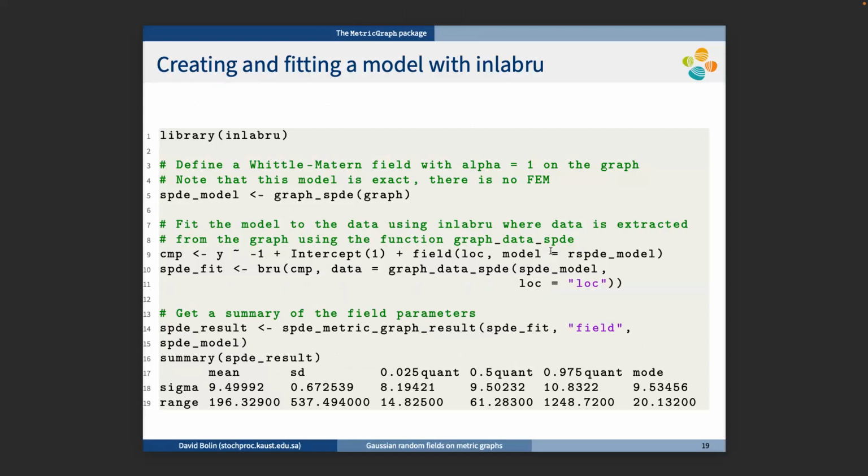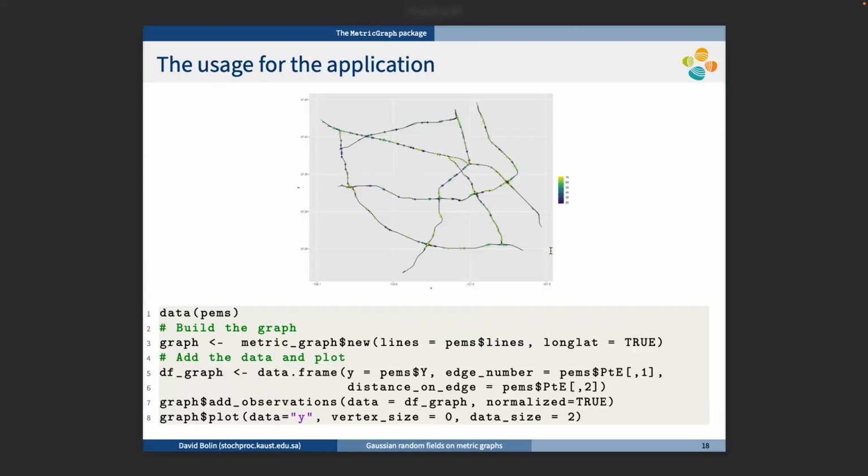Yes. Sorry, question. How do you describe this topology? Distance between streets, point A and B, or how is it done? So in this case, every street segment here is a spatial lines object in R. Internally, you just keep track of the vertices, so where you have connections between the streets.